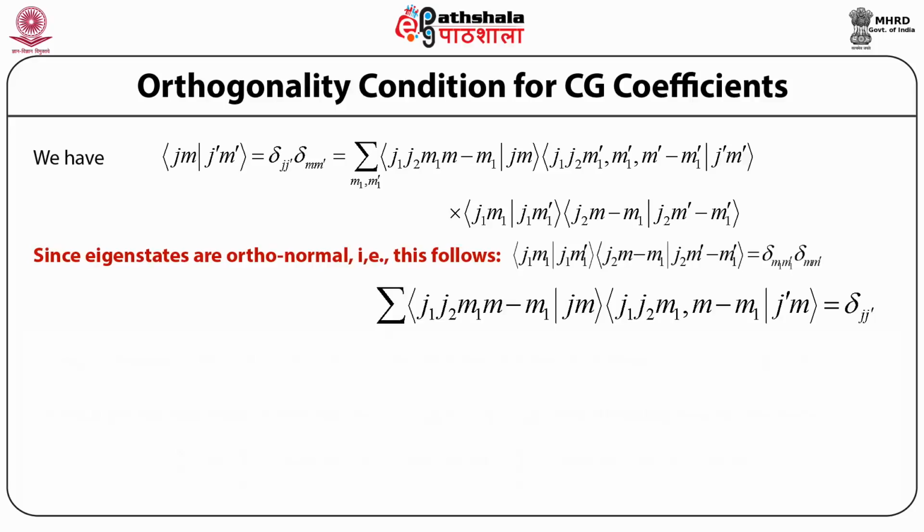Here again we have defined the Clebsch-Gordon coefficients as <j1 j2 M1, M minus M1|J M> for the angular momentum operators or vectors J1, J2, M1 and M2, where M2 is defined as M minus M1, and for J1, J2, M1' and M2', where M2' is defined as M' minus M1'.